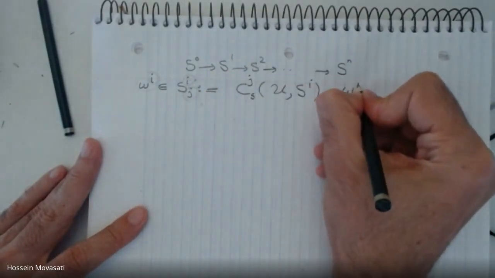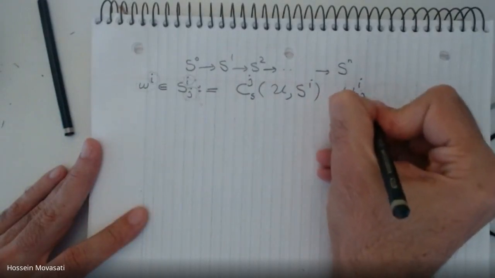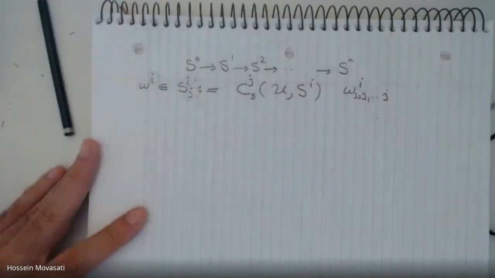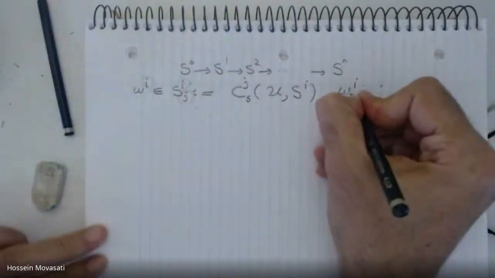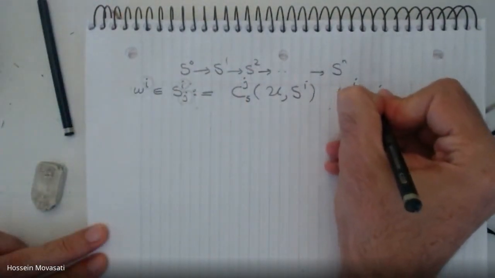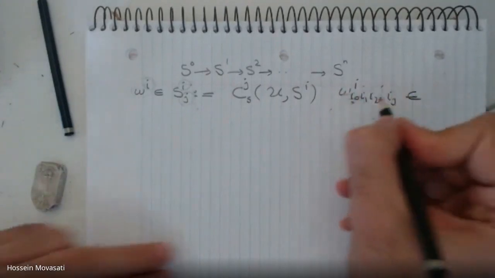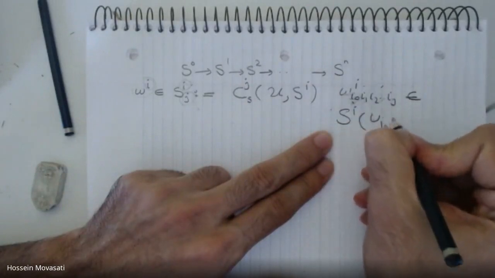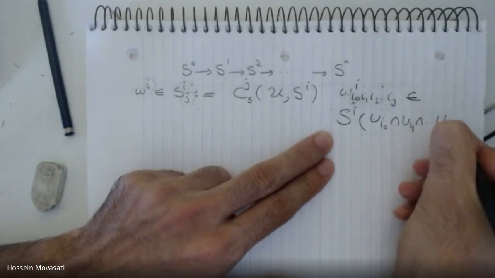So omega I consists of omega I with I0, I1, I2, up to Ig, where this is the section of S^i on U_I0 intersected with U_I1 and so on.